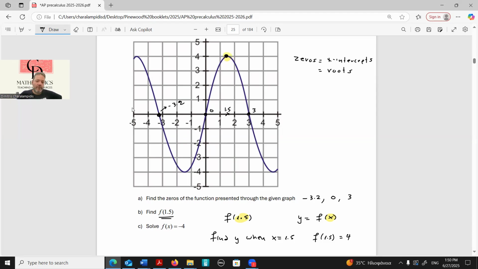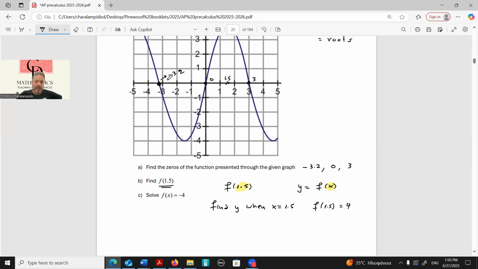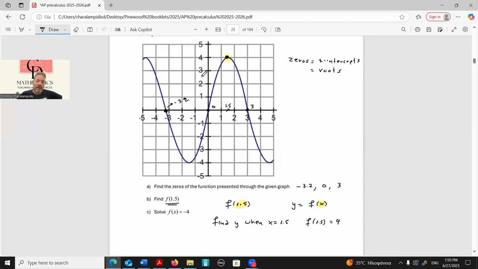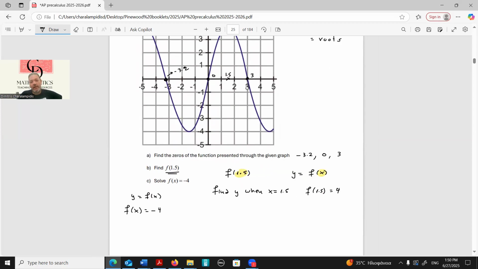Solve f of x equals -4. F of x equals -4. And once again, we have that y is f of x. It's as if we are asked to find x when the corresponding y value is -4.